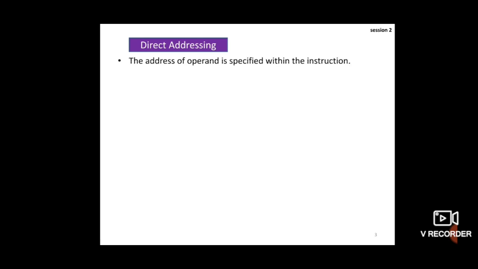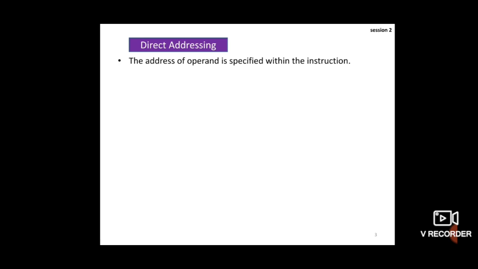First one is direct addressing mode. Direct means the data is given directly in the instruction. In this addressing mode, the address of the operand is specified within the instruction.